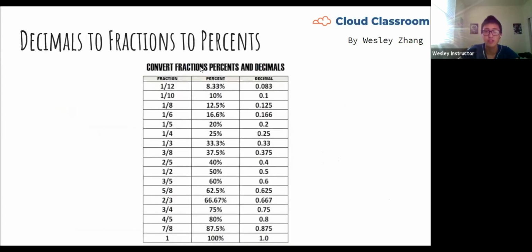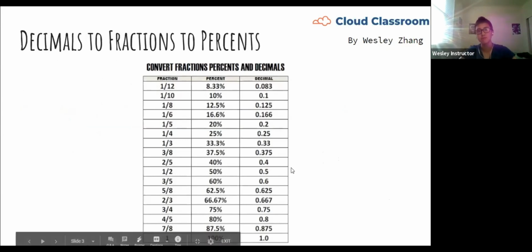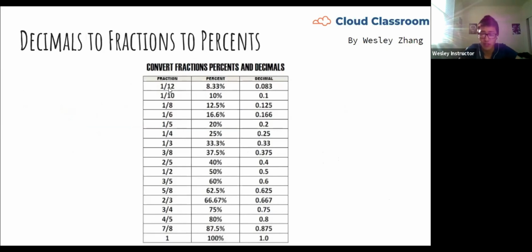All right, you saw this chart in a previous lesson, but I'll show it to you again. So decimals to fractions to percents. So 1/12, that's 8.33% or 0.083. And notice how all of these percents, the decimal point is moved 2 spaces.